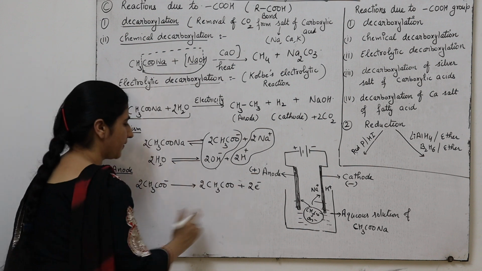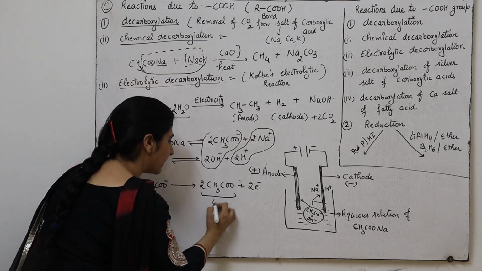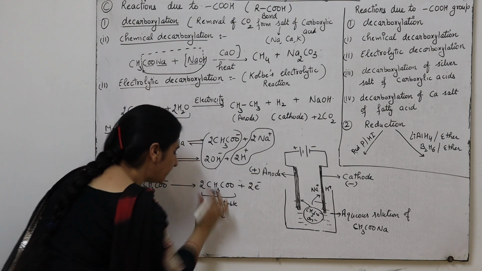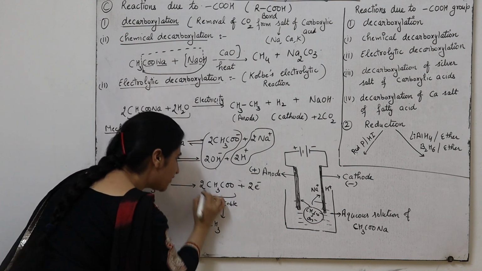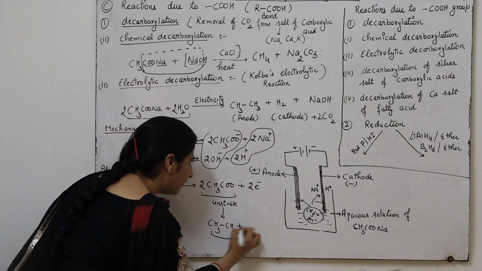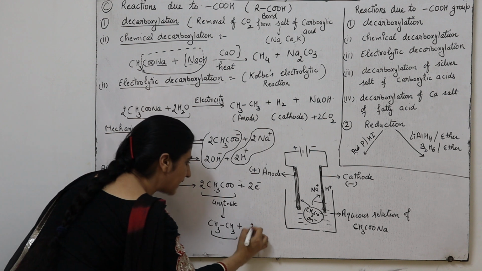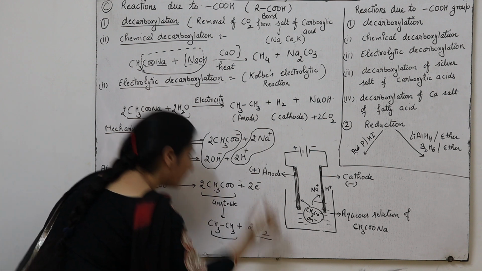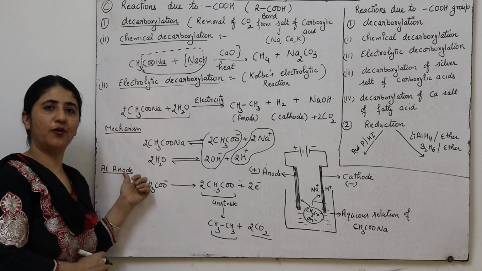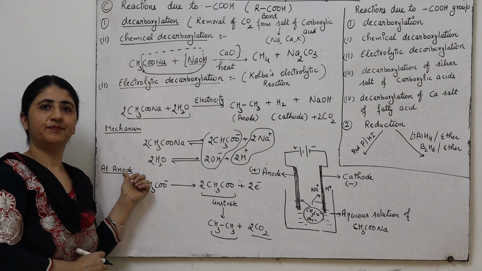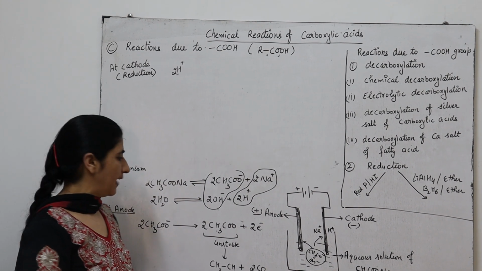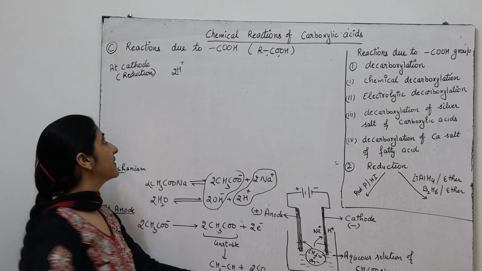This is the oxidation. As this is unstable, it decomposes to form CH3, and two molecules combine to form ethane with the loss of two molecules of carbon dioxide. So at the anode, ethane gas is produced along with carbon dioxide.